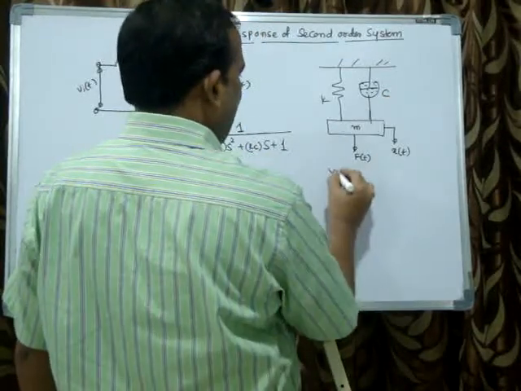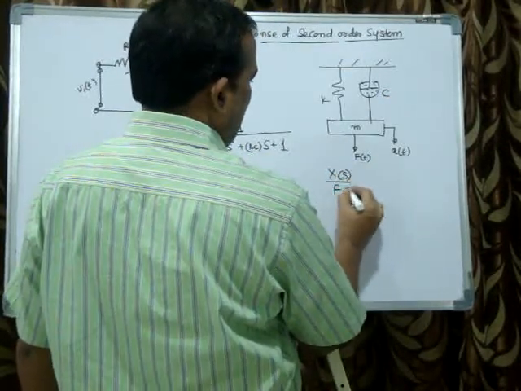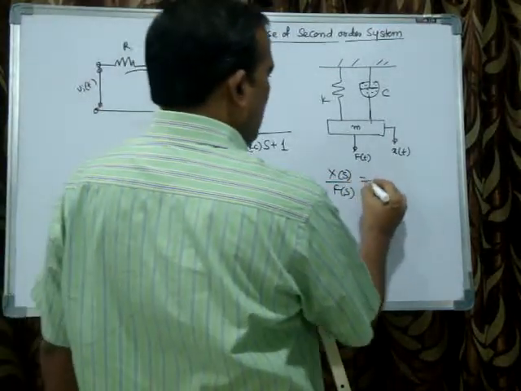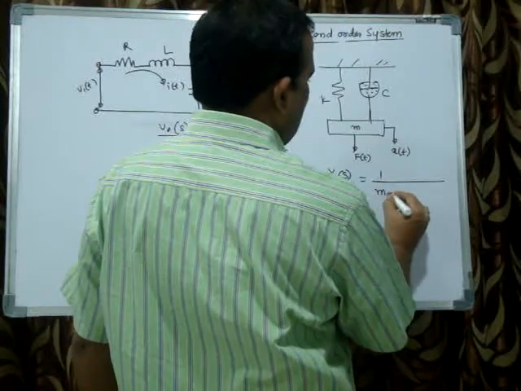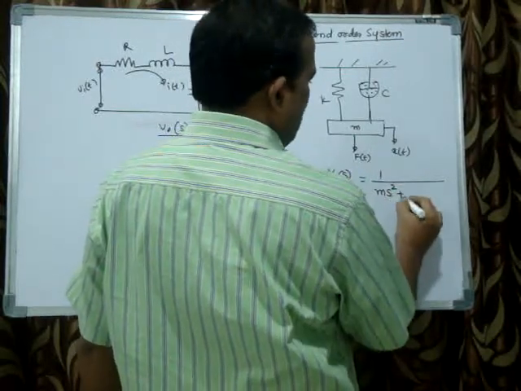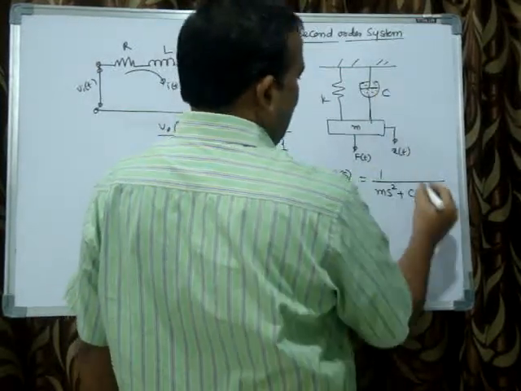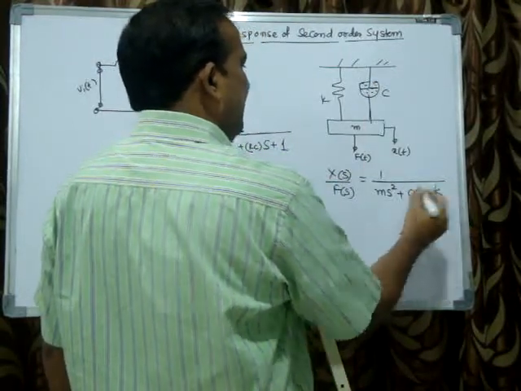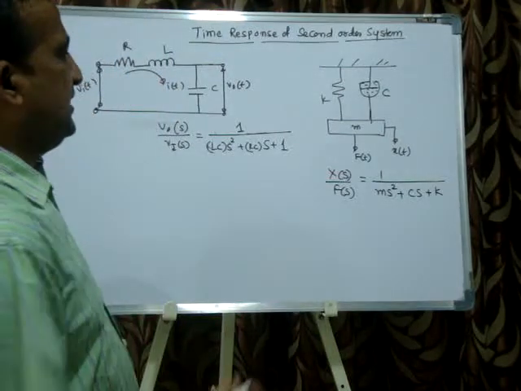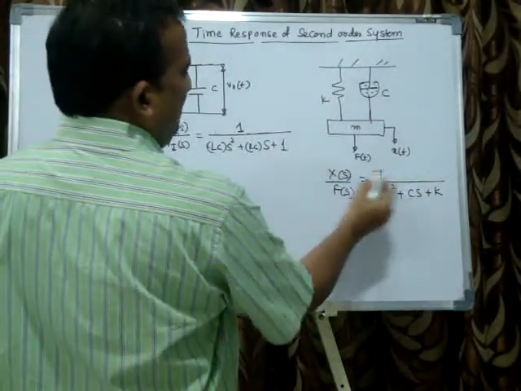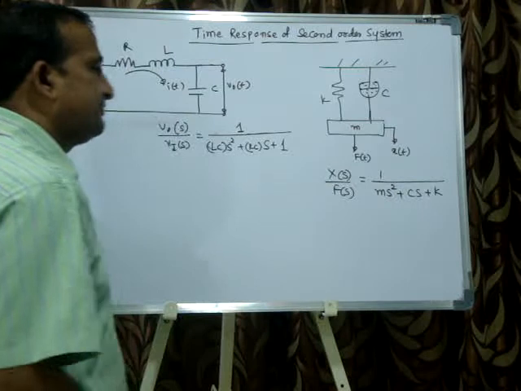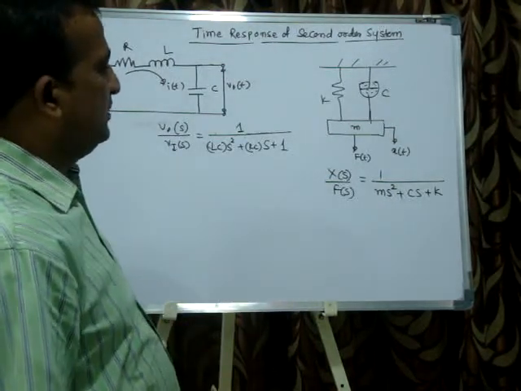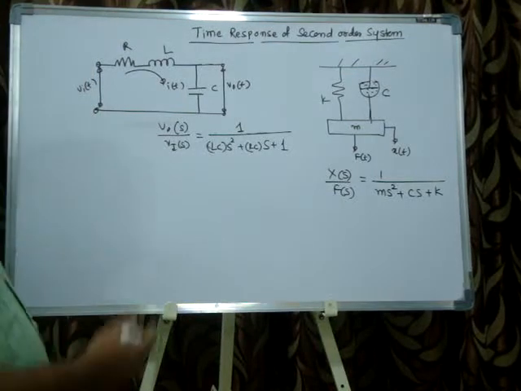Here also I can write the transfer function: Laplace of output divided by Laplace of input equals 1 by ms square, due to acceleration, plus cs, since the damping resistance is dependent on velocity, plus k, which is only a function of displacement, so no s term. Already I have derived and found the transfer function. Both are second order systems.